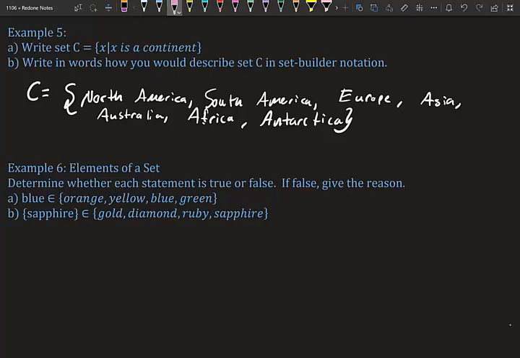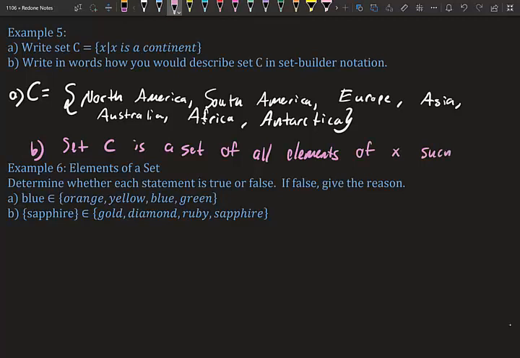So in words, we would say set C is a set of all elements of x such that x is a continent.